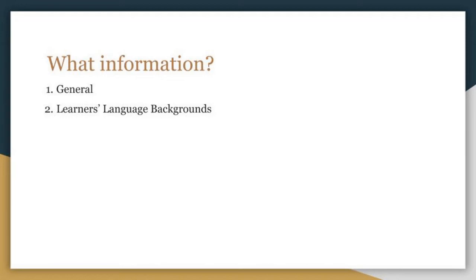The reason we need to collect this information is twofold. First, we know that languages may be different syntactically. For instance, a language such as English operates primarily in a subject, verb, object word order, whereas other languages may not. For example, Farsi, my first language, operates primarily in subject, object, verb word order.